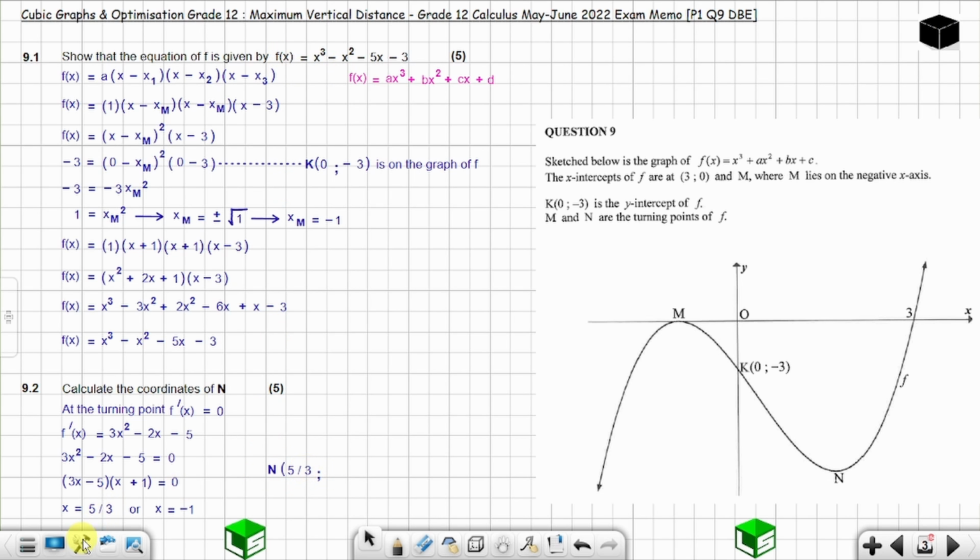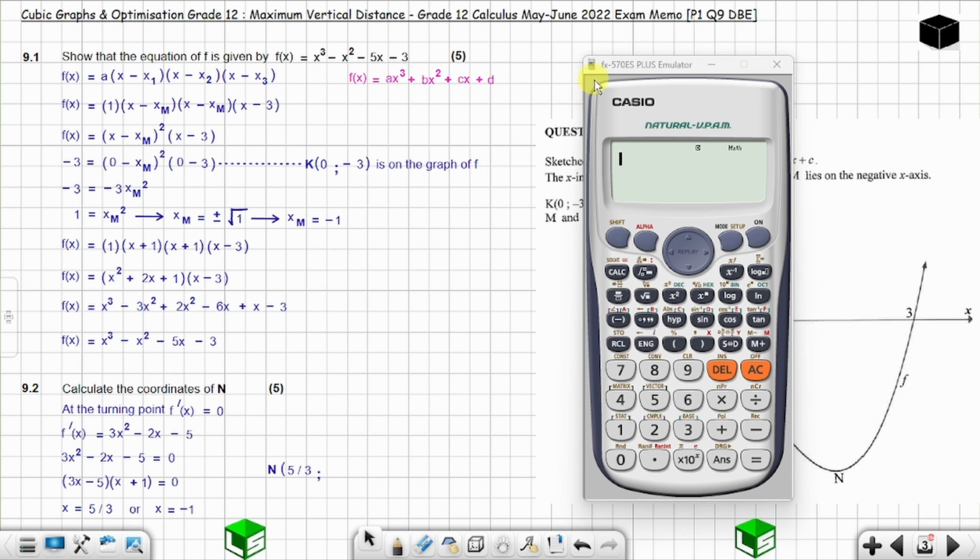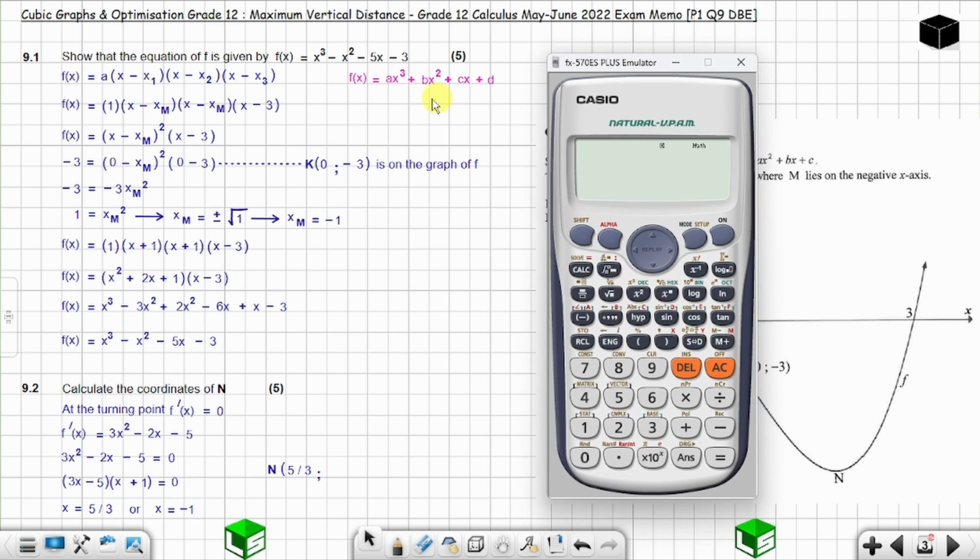So let's use our emulator. We are going to take f of 5/3. Okay, f of 5/3. You have x cubed. So you have 5/3 cubed minus x squared.